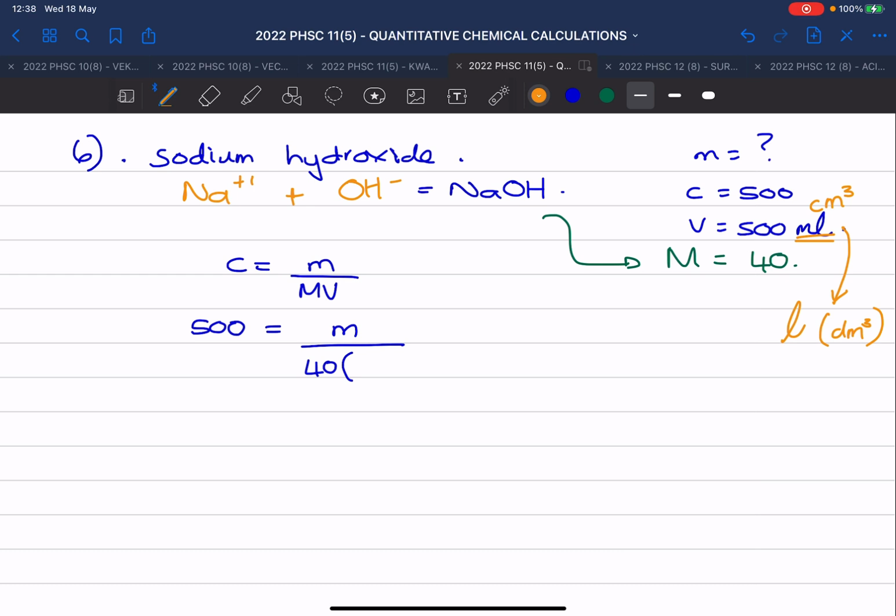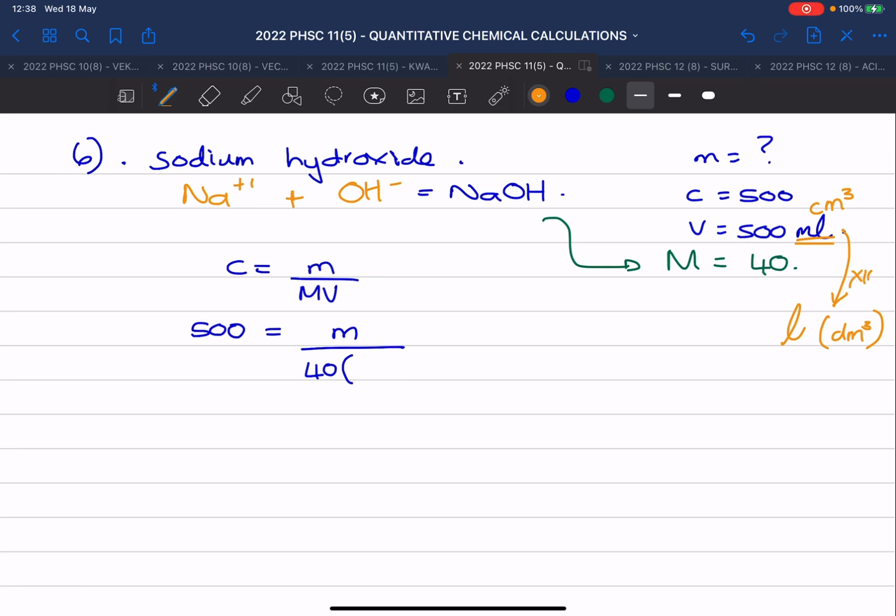What are you going to do? Yes, times 10 to the power negative 3 or divide by 10 to the power 3, and that gives you 0.5.